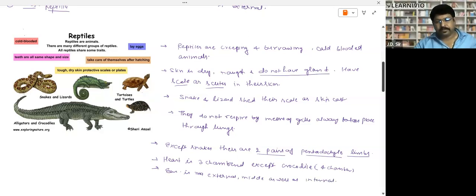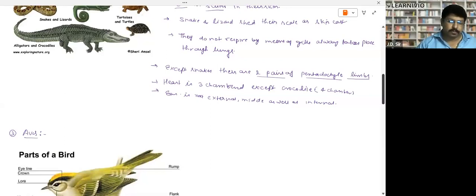All parts of the ear are present, like human. The snake does not have ears. So ears are not found in a snake, but the rest have ears, and they are mostly oviparous.